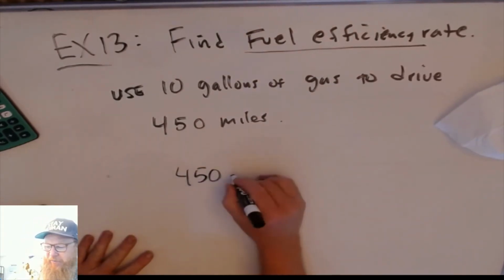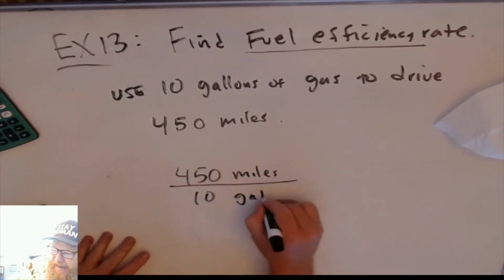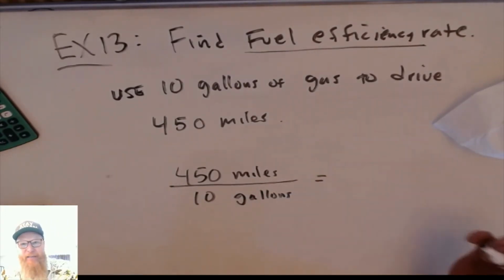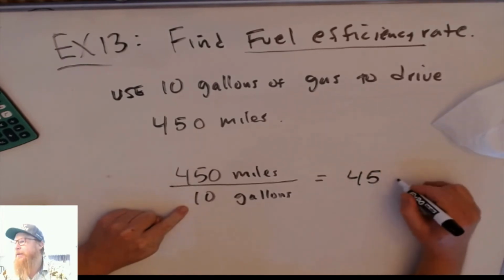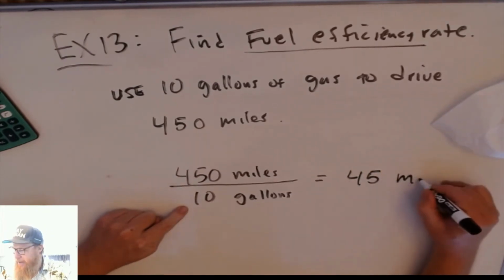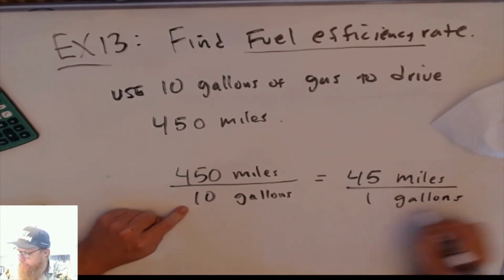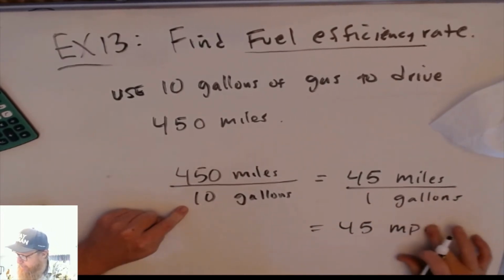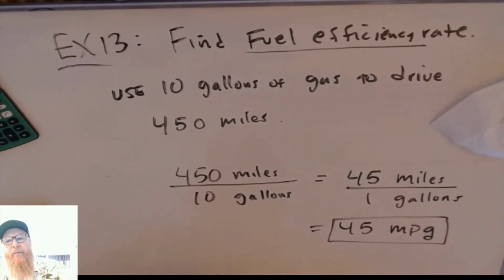It's 450 miles per 10 gallons. I don't even need the calculator for that. 450 divided by 10 is 45. And that is MPG, miles per 1 gallon. And so we call that MPG, miles per gallon. 45 miles per gallon.